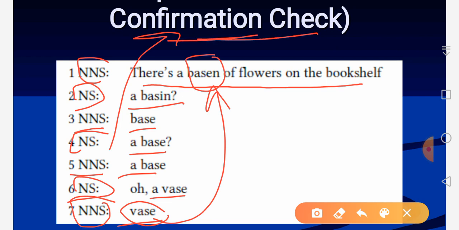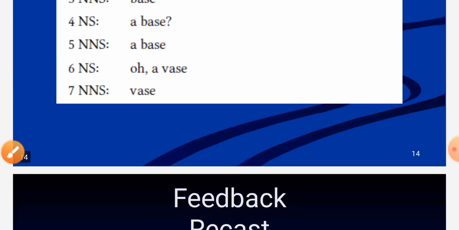So this is known as negative feedback, this is negative evidence. It means that there is some error in your output, okay, and now you need to correct it. But the feedback or the negative evidence was provided using an implicit or indirect mode known as confirmation check.